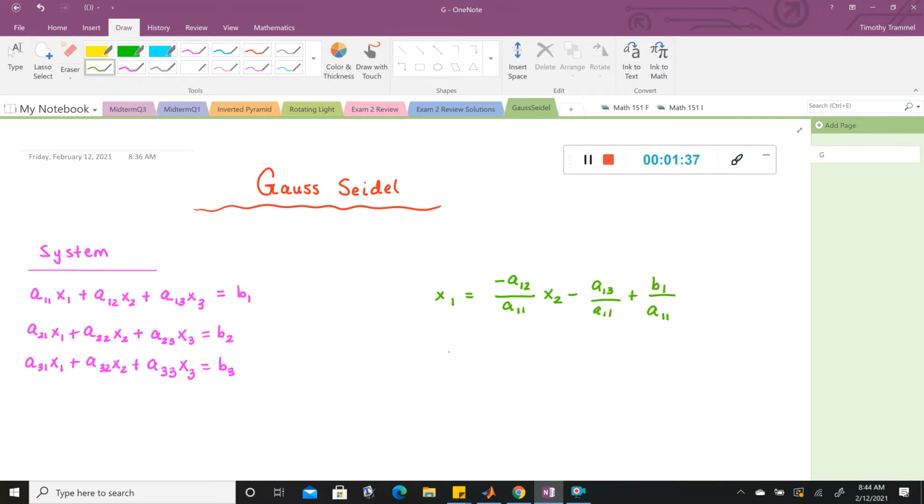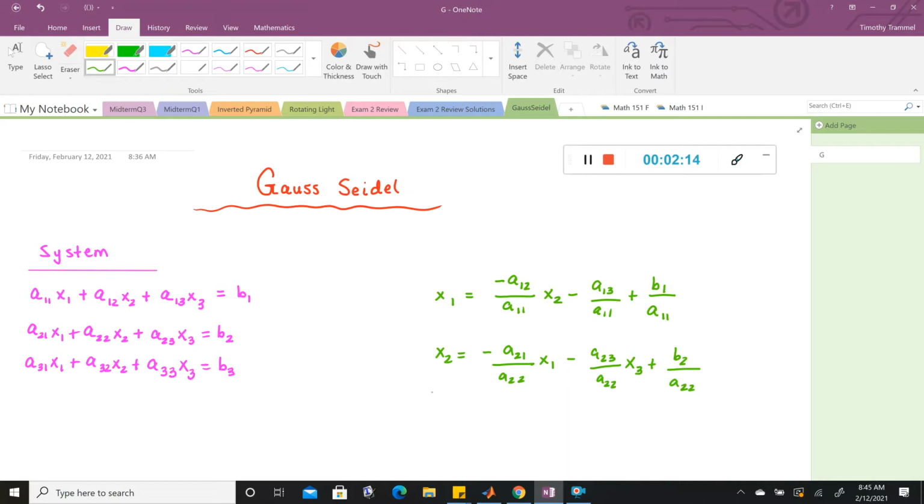So there's our first equation, and then our second equation. If we solve it for x2, and we divide both sides of the equation by a22, then what we'll have is minus a21 divided by a22 x1, minus a23 divided by a22 x3, and then plus b2 over a22.